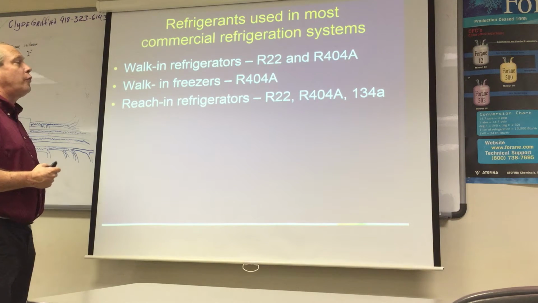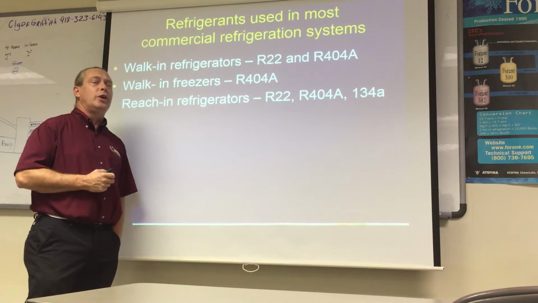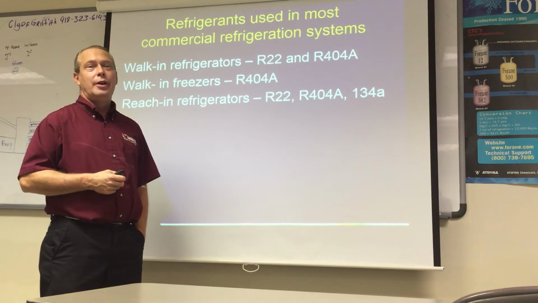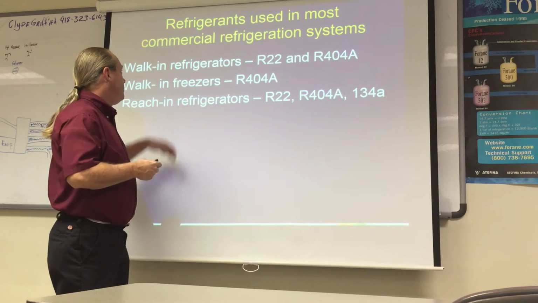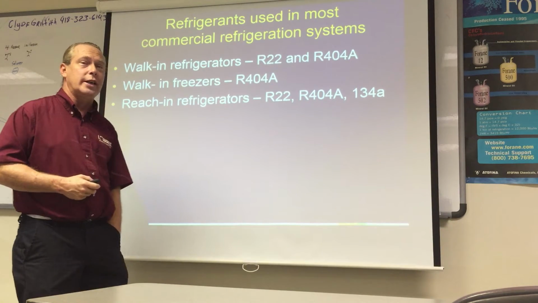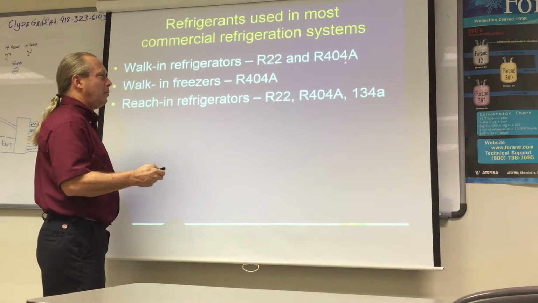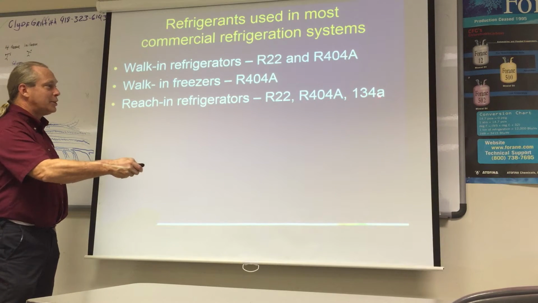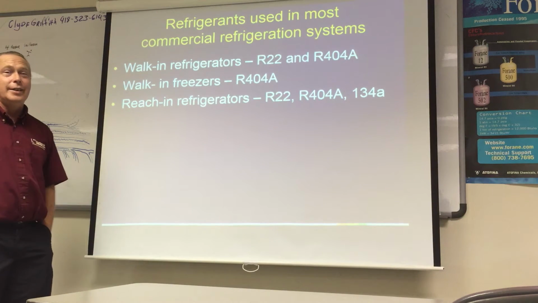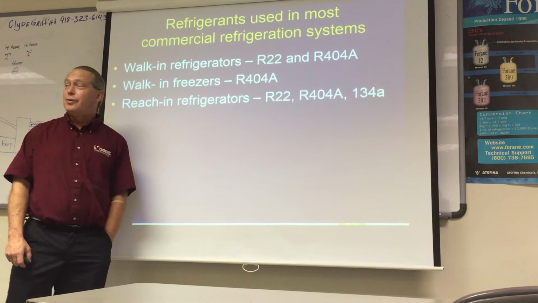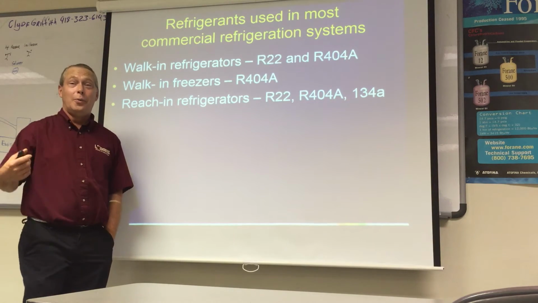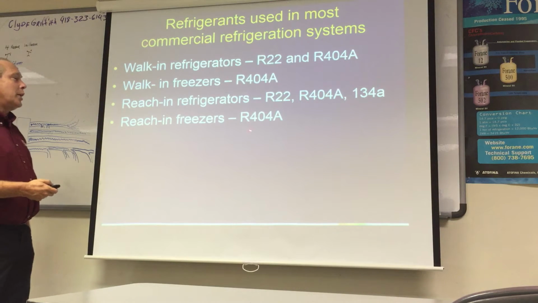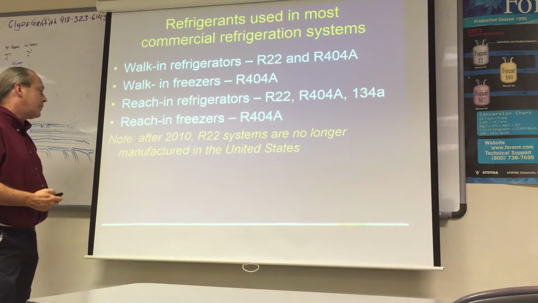Walk-in freezers, 404A. 404A is a lot better refrigerant for a low temperature system than it is for a medium temperature system like our walk-in refrigerator. I think that probably ought to be 134A there. Of course, in the reach-in refrigerator, they have 134A listed. Suppose you'd have to if every domestic refrigerator in the United States is 134A. Reach-in freezers, we're back to 404A.